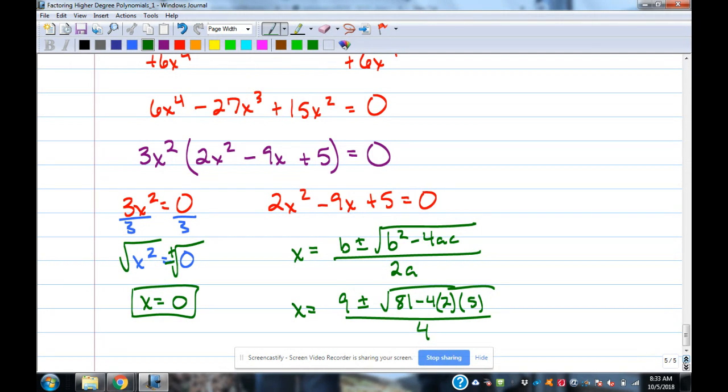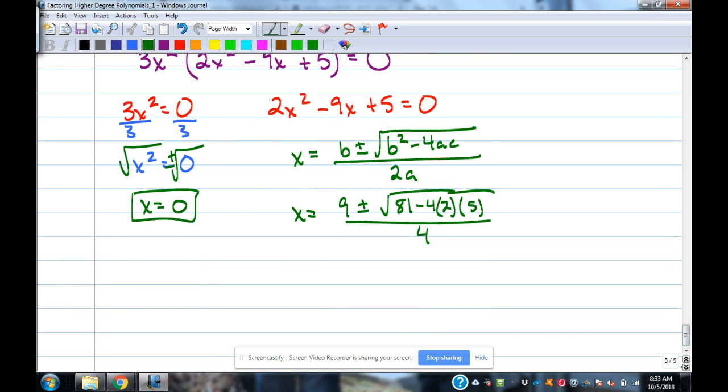I remember? Discriminant. And what's it tell us? How many answers and what kind we would have. Remember, if it's negative, what kind of answers are we going to have? 2 complex. If it's positive, we're going to have 2 real solutions. If it's 0, we're going to have 1 real solution.